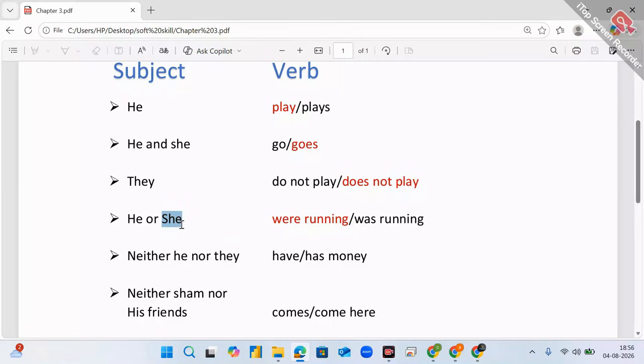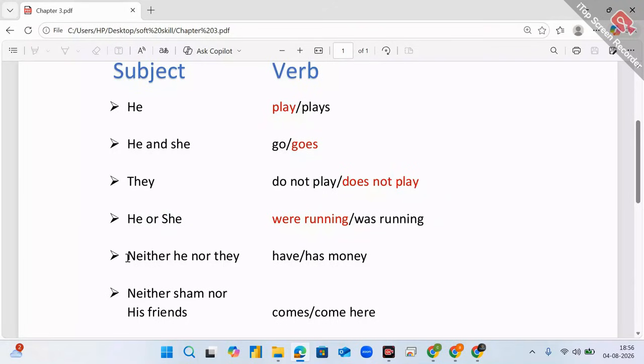Now she is singular, so for she, what verb would be there? She was running, right? She is singular, so we are going with the singular verb, that is was running, not were running. So if or is there, we go with the nearest subject.